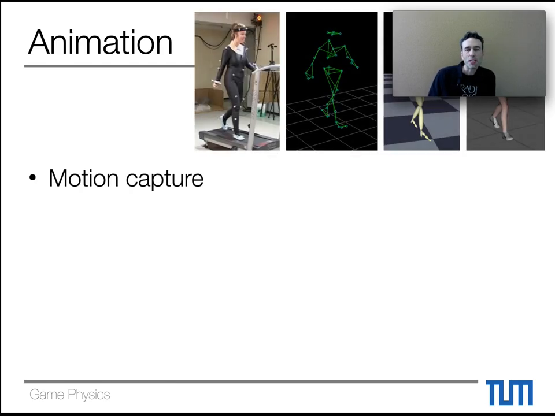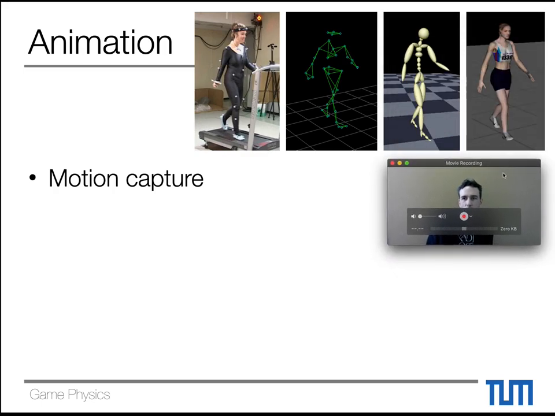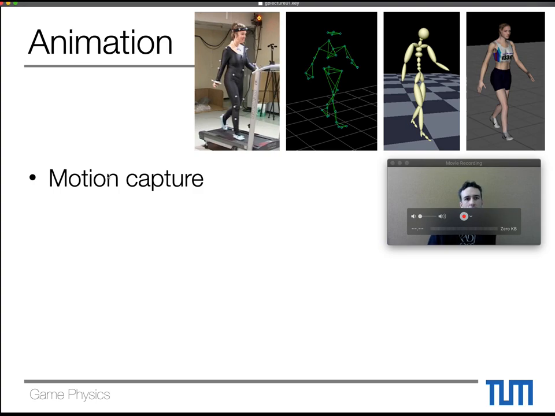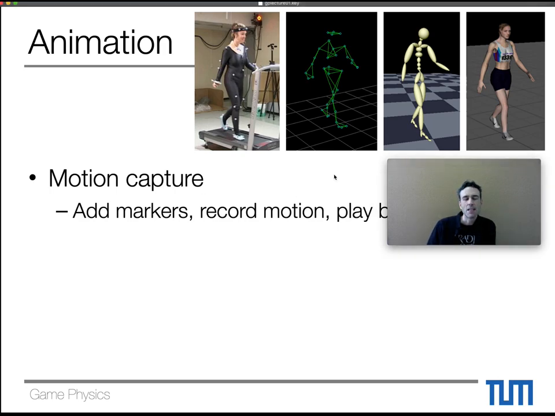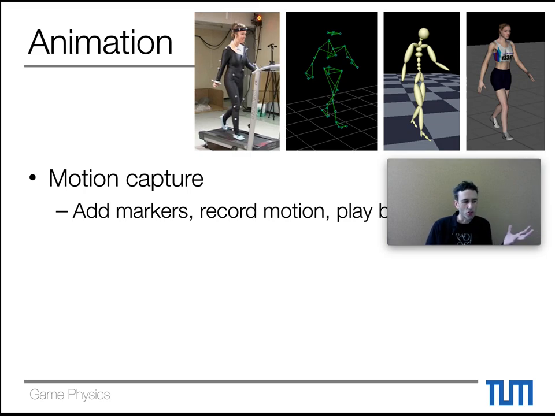As mentioned before, motion capture is another interesting aspect. So here the starting point is that we start with a real person or object, some real thing that we want to capture. Traditionally, we put markers on it.